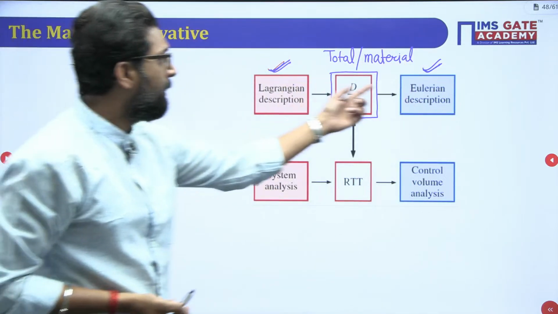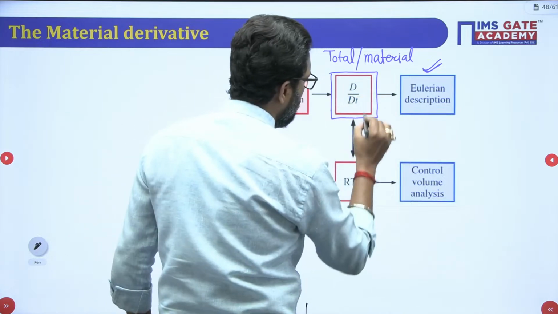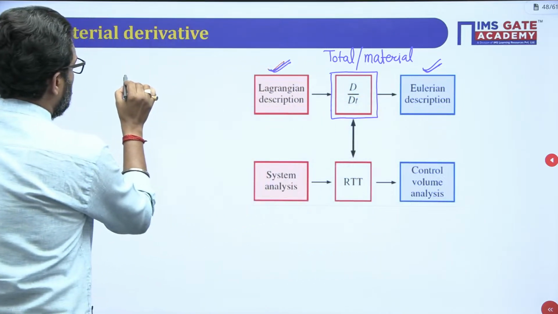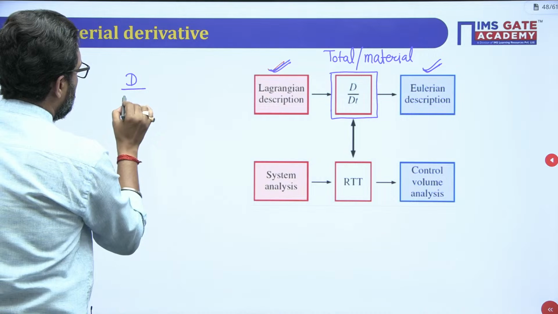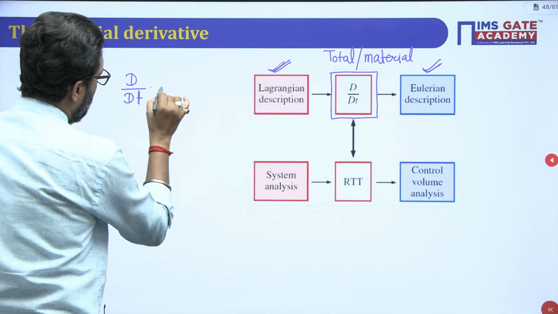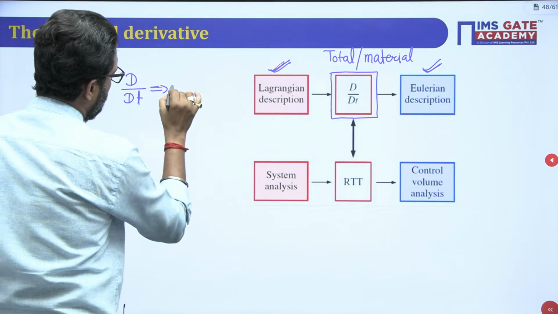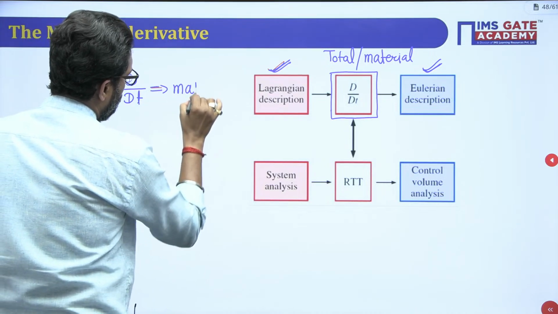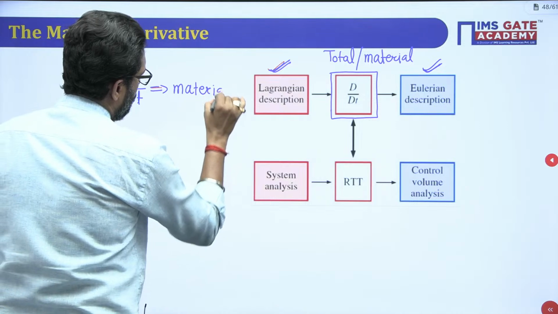These are all names for it, and if you write capital D by Dt, this is the signature of the material derivative.